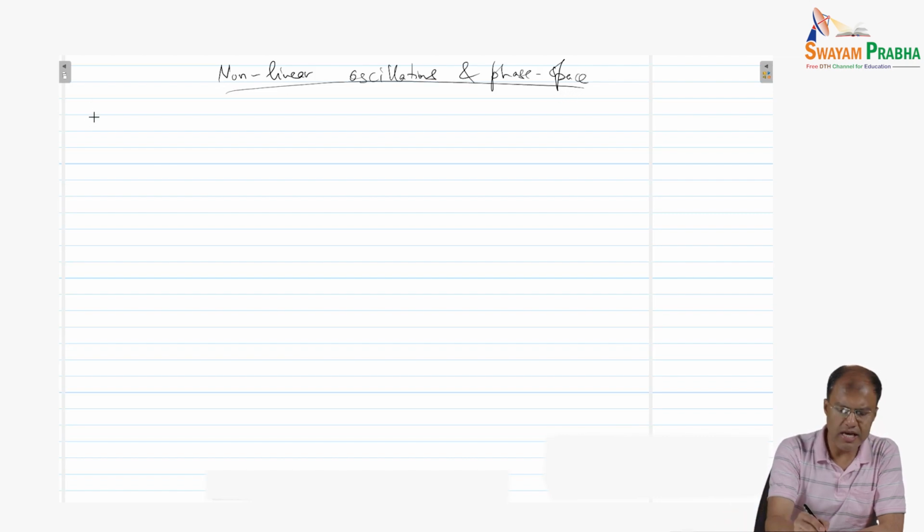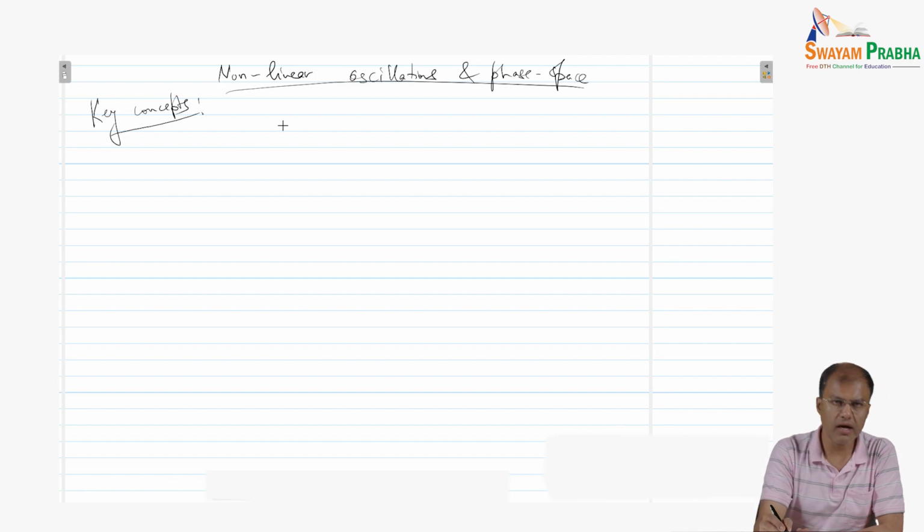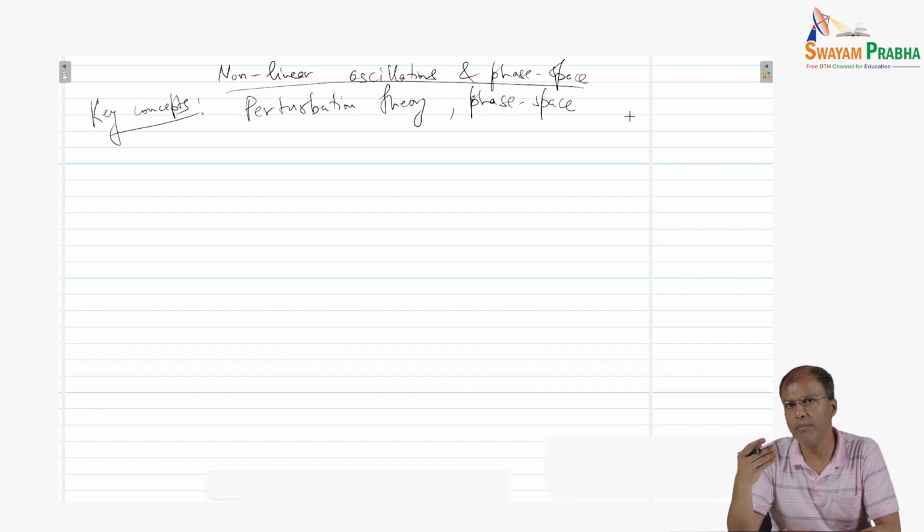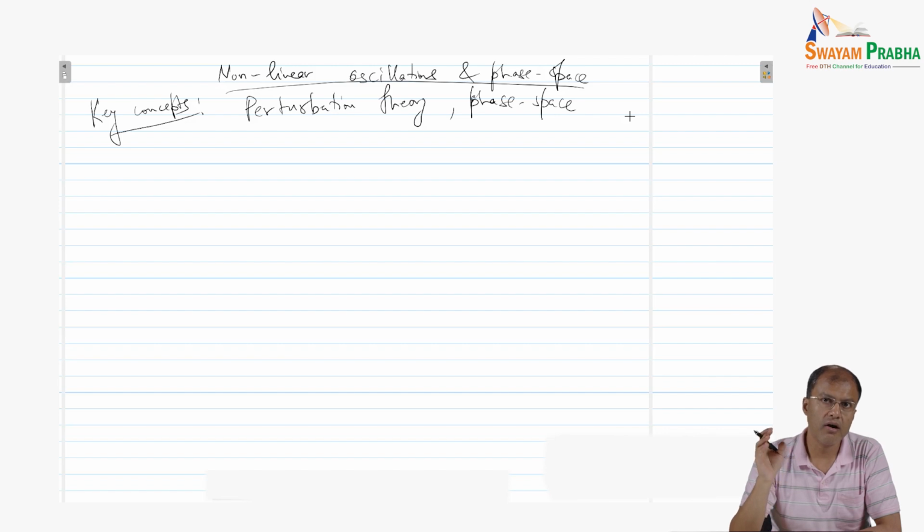Okay, so the key concepts that we touch upon in this topic of discussion are the underlying math, which is the perturbation theory, and we will talk about the phase space analysis. Remember, this is a small overlap with our previous SwayamPrabha course on nonlinear dynamics, where we also looked at the phase plane analysis, but this time we are going to talk about it in the context of collisions and planetary motions and atoms and so on.